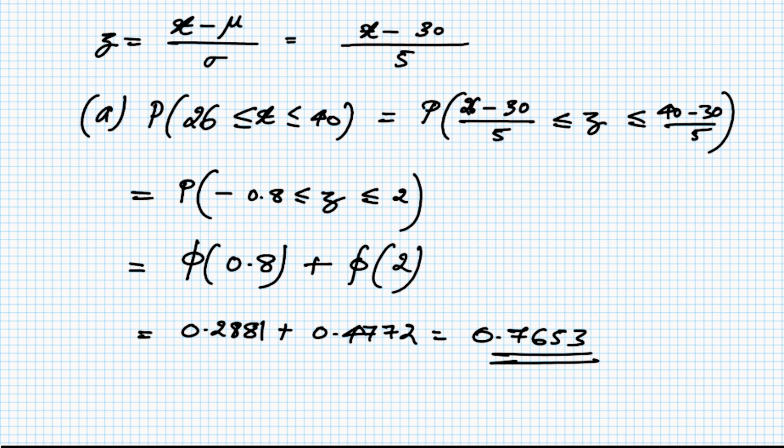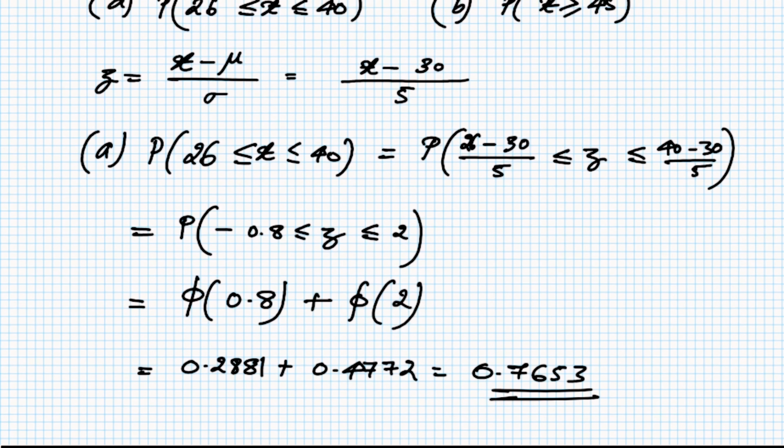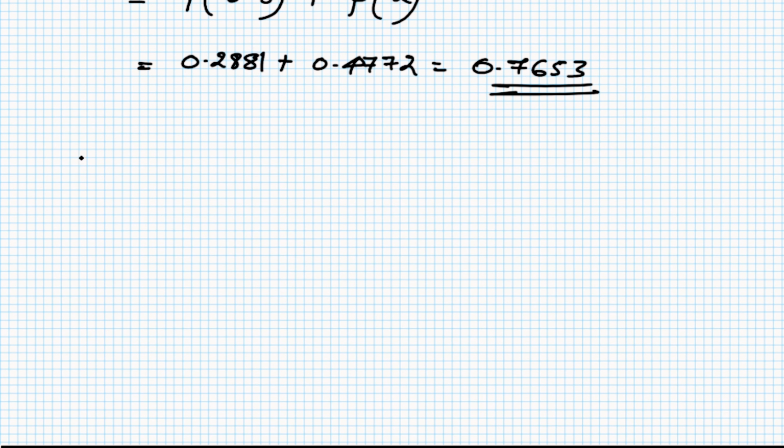Yes, most of you have given that answer. I appreciate it. Please proceed further. Calculate the next part of the question, that is x greater than 45. That is part B of the question. What is the probability that x is greater than or equal to 45? You will do the same thing: convert x into z.